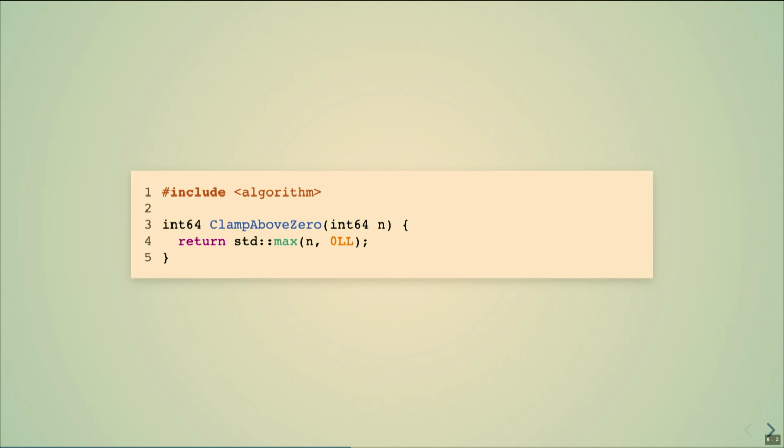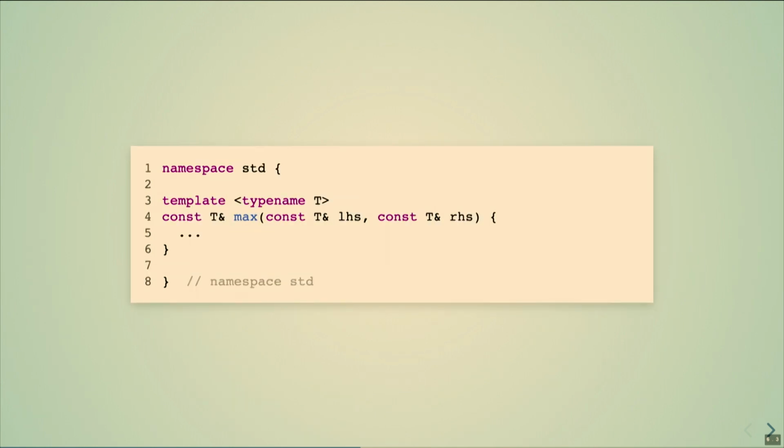Yeah, okay, a few more hands this time. This one is kind of weird. Just looking at this function, I can't really see entirely what's going on. I have to actually look at std::max and know what happens there. So here's what std::max might look like. The body of the function isn't important.